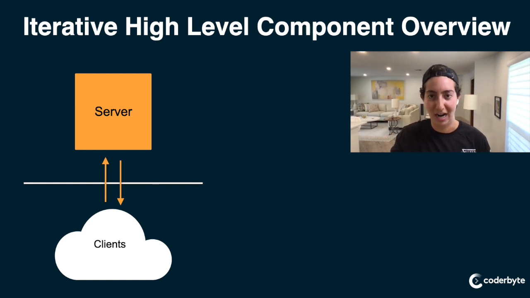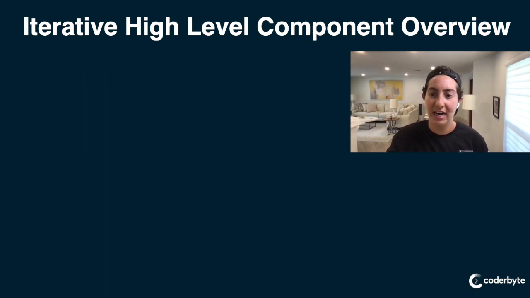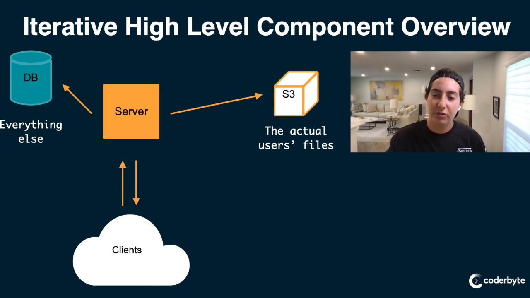Obviously, this quickly did not work so well, so they iterated. And the next way they stored everything is they split some stuff out, right? So then they started to have a server, and the server was accessing different things in different places. The actual users' files were being stored in S3, which is an AWS concept. If you haven't heard of it, it stands for simple, what does it stand for? I don't know what it stands for. Simple file storage.